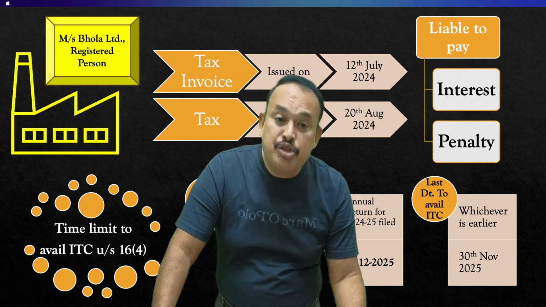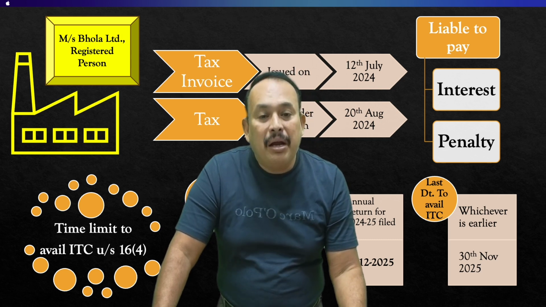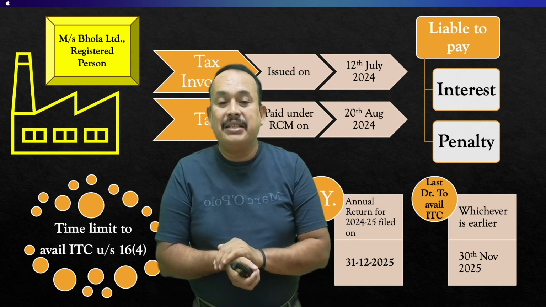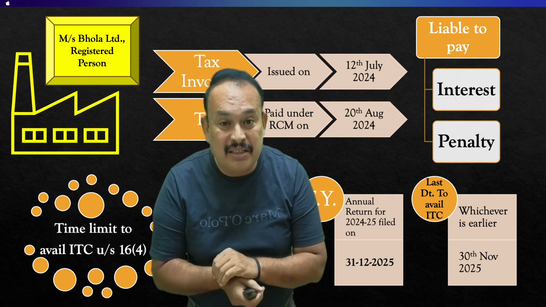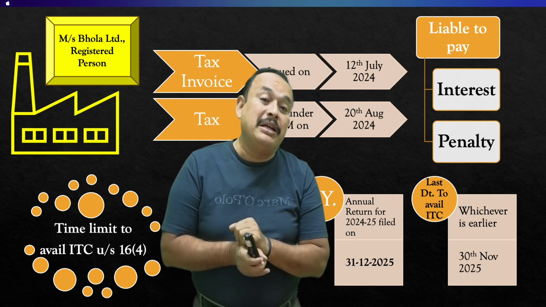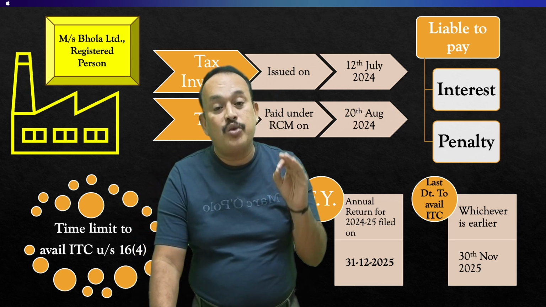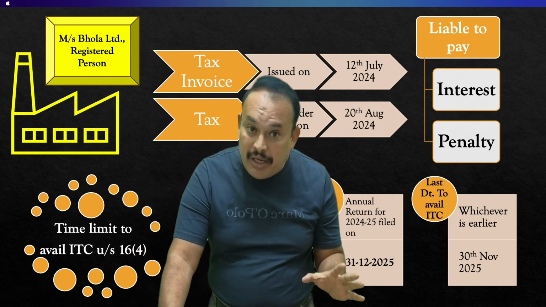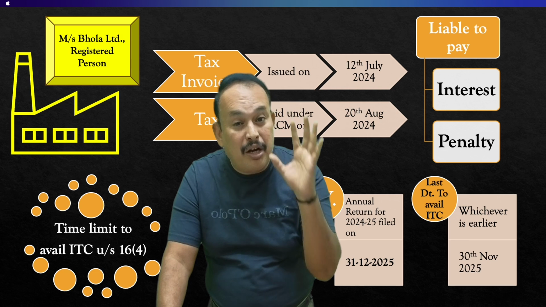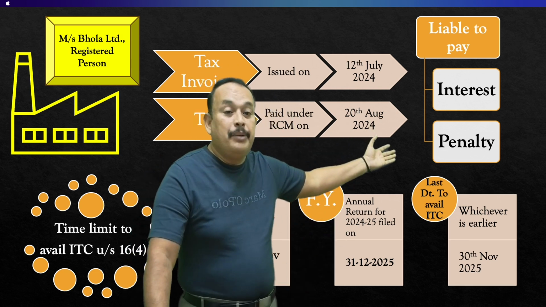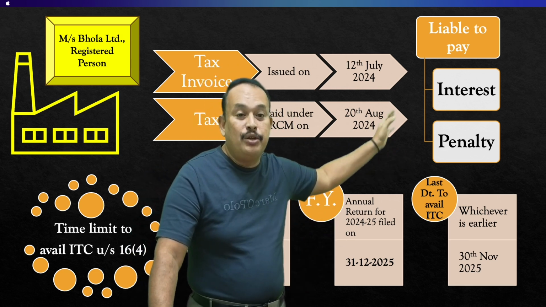The penalty is up to rupees 25,000 CGST and 25,000 SGST, effectively 50,000 rupees. The department may levy the penalty in addition to the interest.